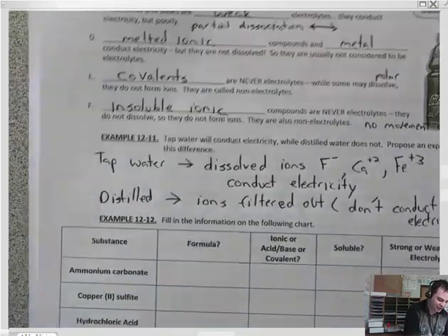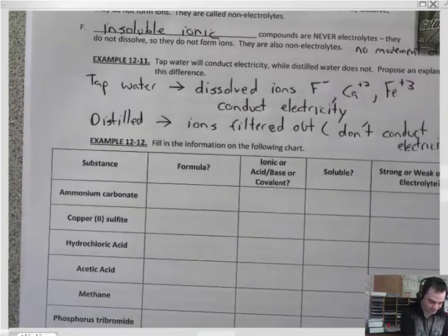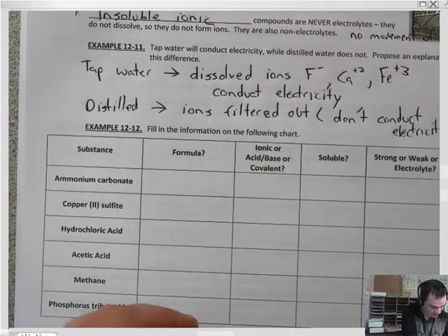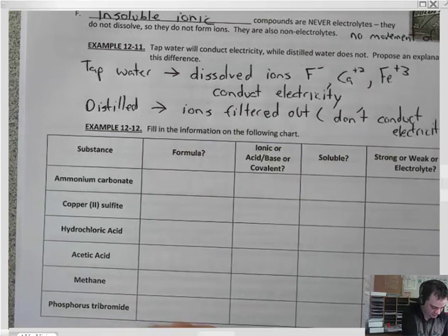Example 12.12. Fill in the following chart. Remember, we are trying to figure out if they're electrolytes. If they are electrolytes, it has to be soluble ionic, soluble base, or soluble acid.